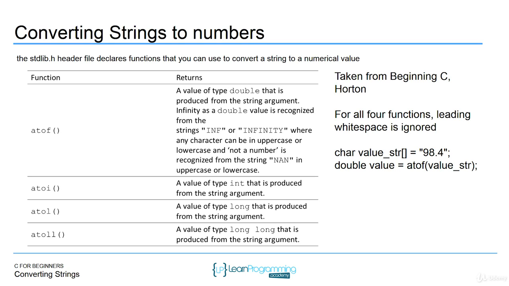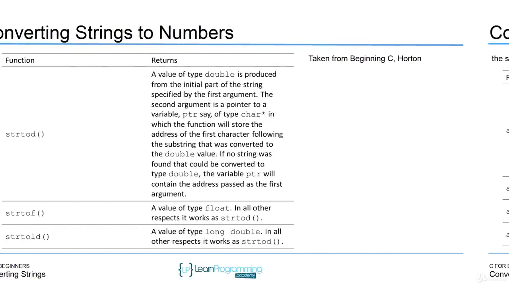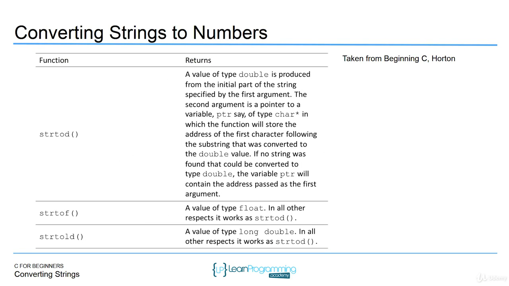You'll also see the opposite for converting integers to strings. You'll see things like itoa, which is int to ASCII. So if you had a number, 98, and you want to convert it to a string, you'd say itoa. There's also some newer functions, I think, that do some more. These ones are specifically for string to double as opposed to atof.